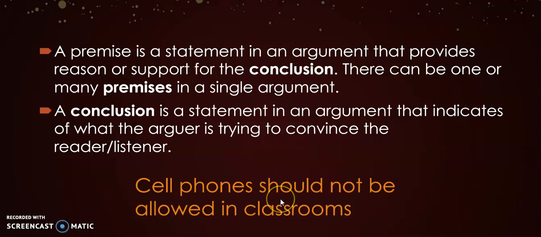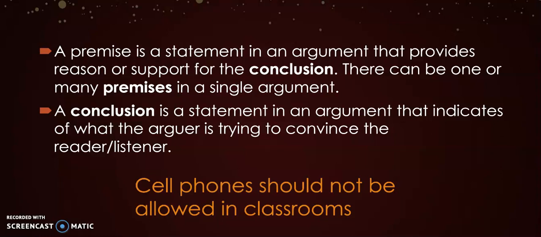If you're going to speak against the topic, you will use premises statements like this, saying the cell phones can easily be turned off and kept out of sight so that it's not a disturbance in the classroom. If there is an emergency, we can use them in the classrooms, if there's an emergency to call someone.